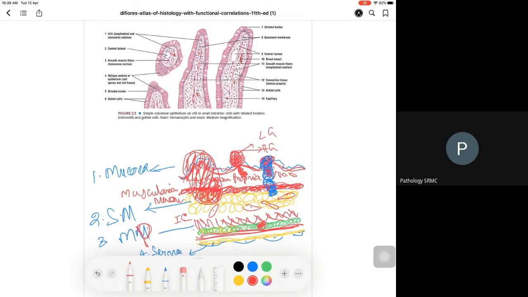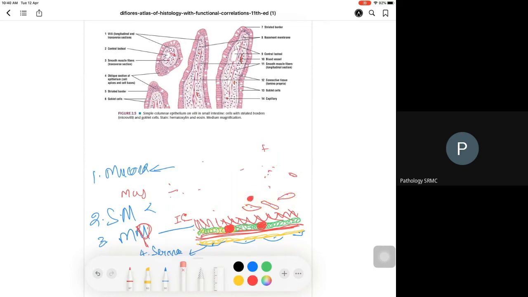These ganglions will be absent in Hirschsprung's disease. So that you have to understand. That's why I want you to remember there is a neural plexus in between the inner circular and outer longitudinal layer, and they should be absent in congenital megacolon. And some ganglion cells are also in the submucosa.